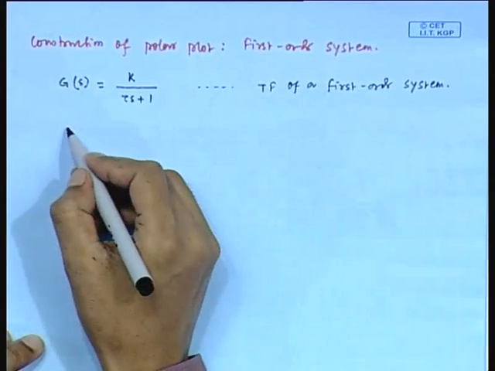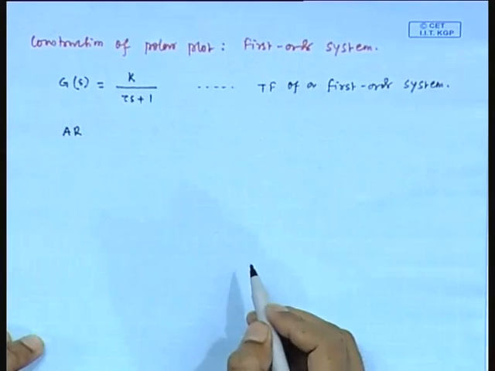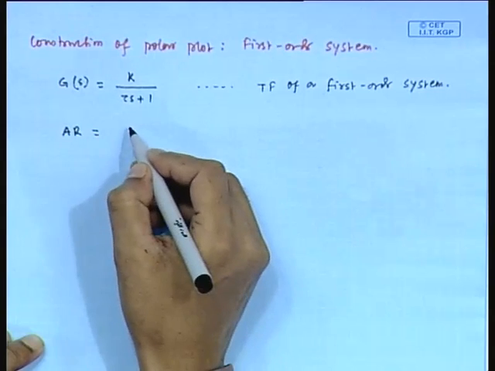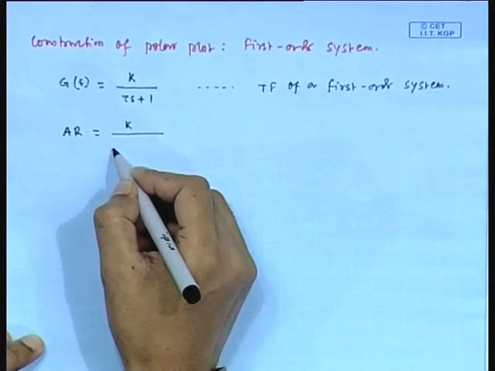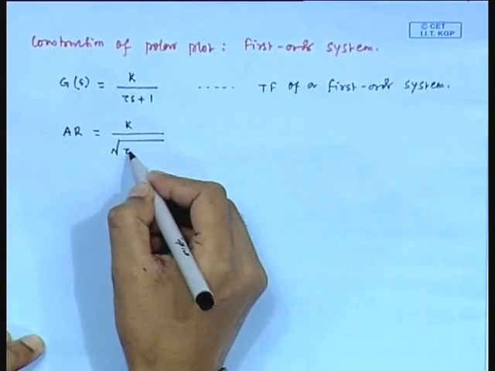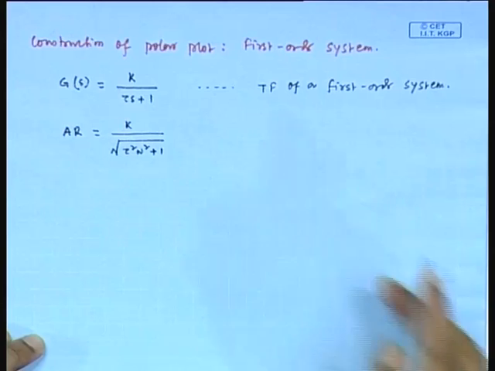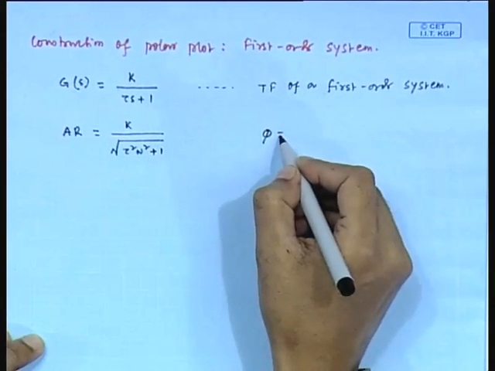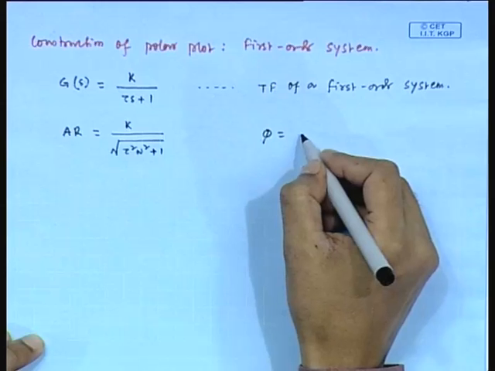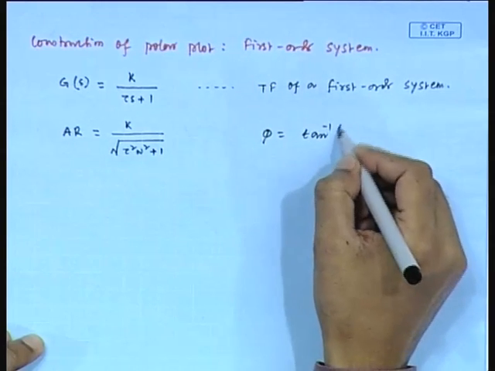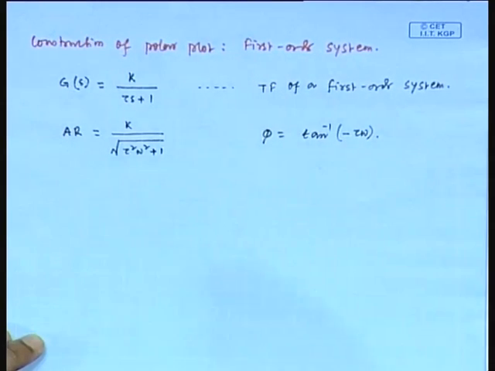We determine the expression for amplitude ratio, that is k divided by root over of tau square omega square plus 1. We determine the expression for phase angle phi, that is tan inverse of minus tau omega. These two expressions we determined earlier. Now, we will consider both the process gain and time constant are equal to 1.